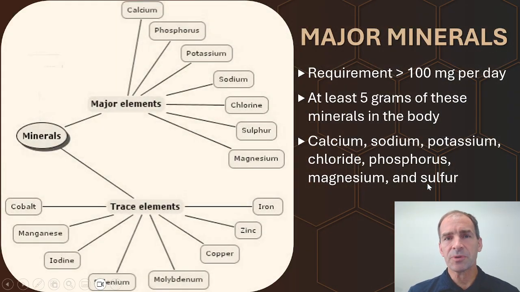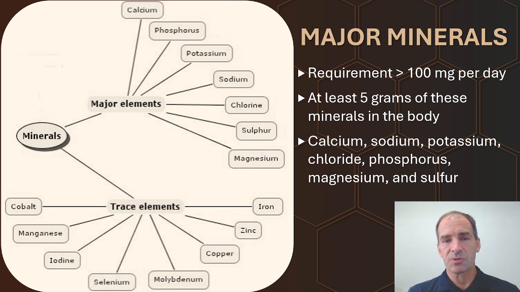Now, we generally divide minerals into two categories, major minerals and minor minerals. Now, major isn't better. In fact, some key minor or trace minerals are really, really important, like iron. But major minerals, generally, there is a much greater requirement of those. The DRI of those is quite a bit higher, and they generally are far more prevalent in the human body.